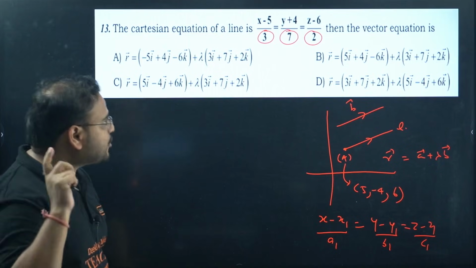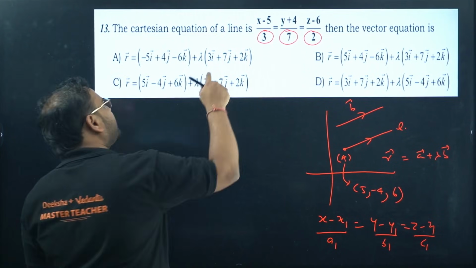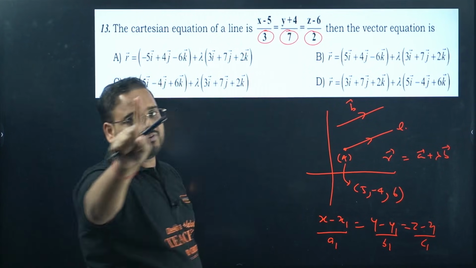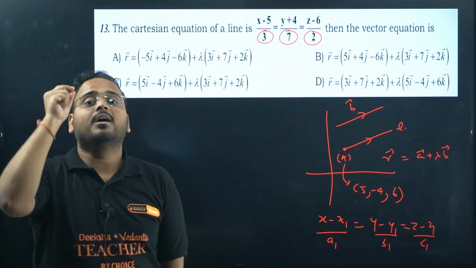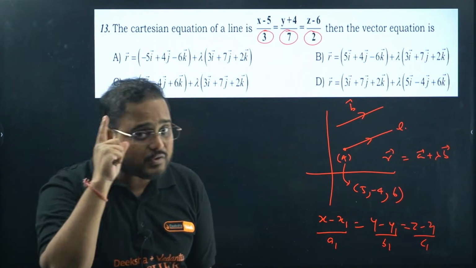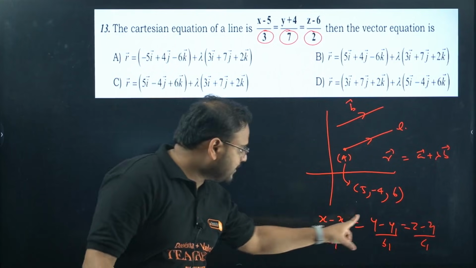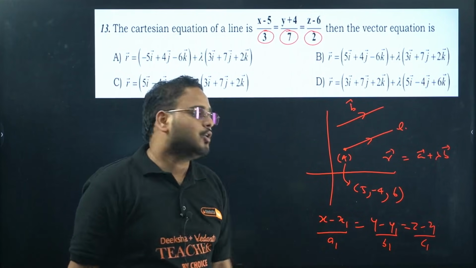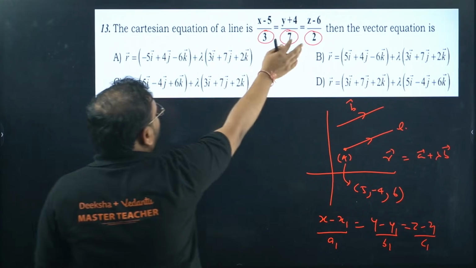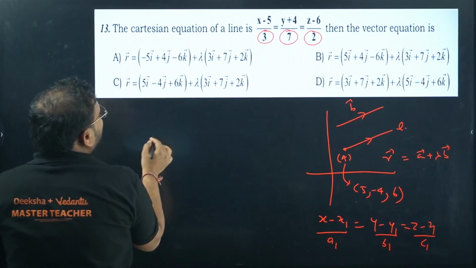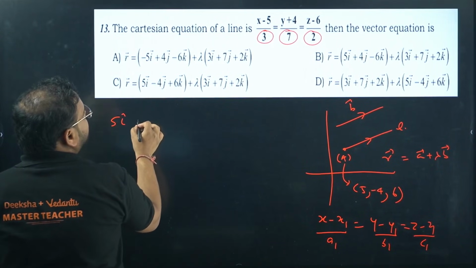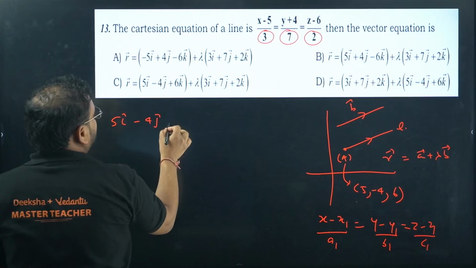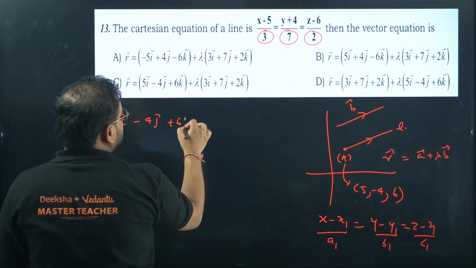Super, sir. So you just have to check one thing, whether the coefficient of x, y, z is +1 or not. Always the coefficient of x, y, z in the Cartesian form has to be +1. This is the standard form, right? So if you see, it is always +1, so no problem here. So I get the answer directly as 5 i cap minus 4 j cap plus 6 k cap.